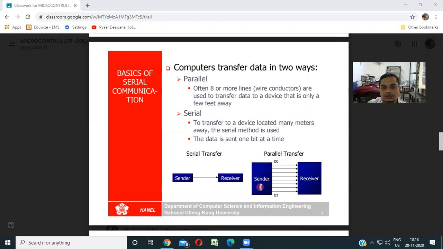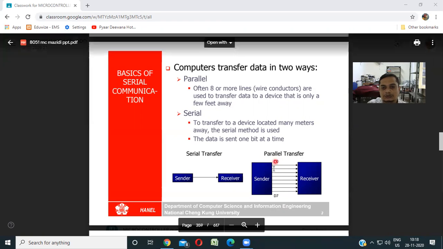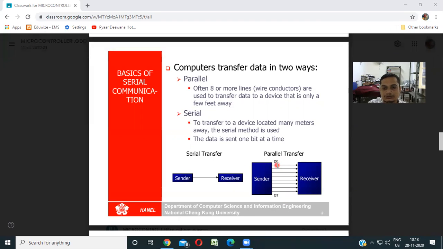If the sender and receiver are within a short distance, then parallel transfer is suitable. It means that parallel transfer is not suitable for long distance communication. One example of parallel transfer is the connection of a computer to a printer. A printer connected to a computer is an example of parallel transfer.